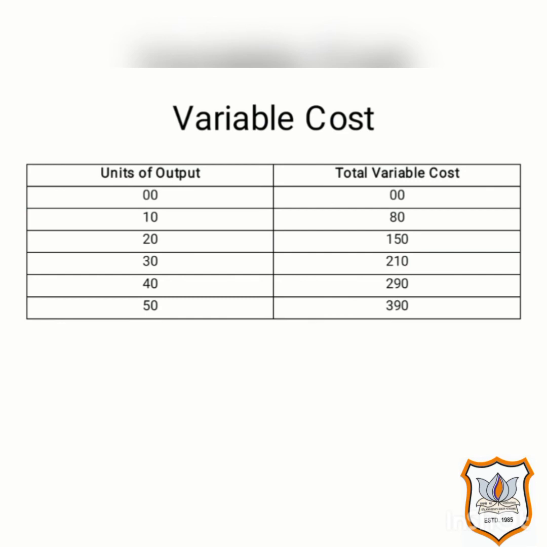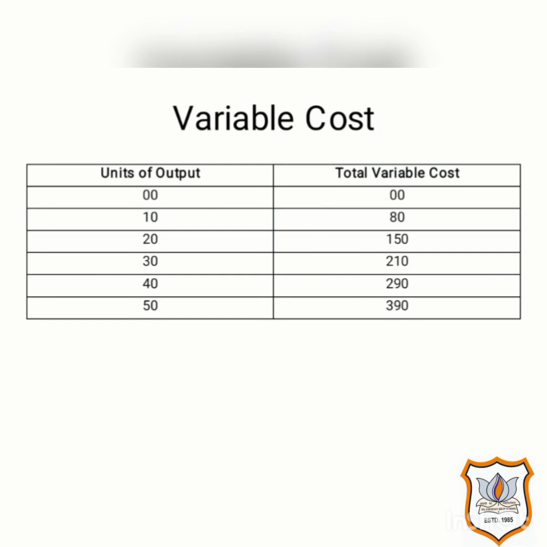Similarly, when production increased further to 20 units, variable cost increased by 70. From 150, if you deduct 80, the answer obtained is 70. That means now variable cost has increased by rupees 70. Similarly, when production increased further to 30 units, variable cost has now increased from 150 rupees to 210.